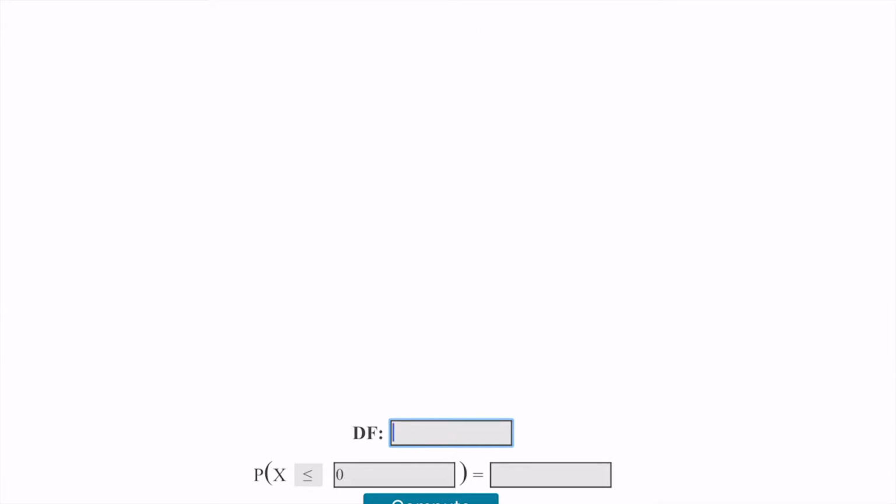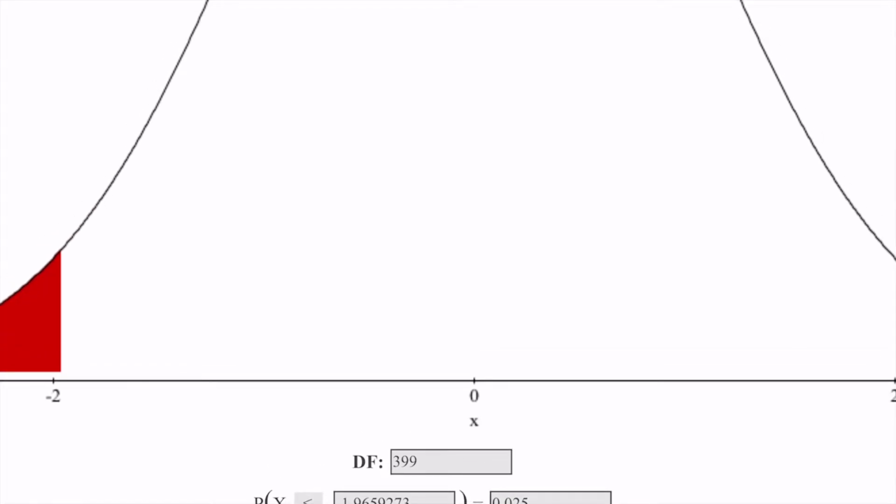All right, so our sample size was 400. So 400 minus 1 means our degrees of freedom is 399, okay? And now, we do not know what the t-score is, but we know the area to the left of the t-score that we want was 0.025. So this is going to be 0.025 that we type in here. Okay, we click compute, and boom, that is our t-score.